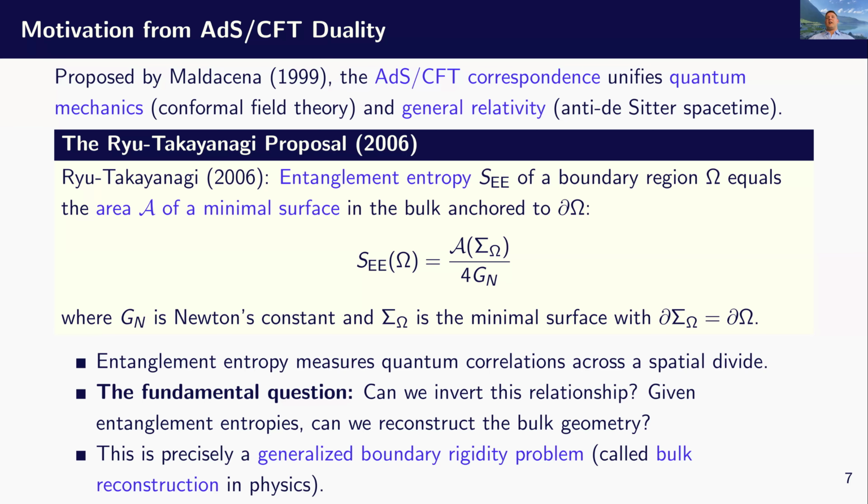If you know the entanglement entropies for all omegas, then you know the areas of all minimal surfaces which span inside of the manifold. So this question really asks, given all areas of minimal surfaces, can we reconstruct the bulk geometry? But this is precisely the generalized boundary rigidity problem we discussed in the earlier slides. In physics, they call this bulk reconstruction.